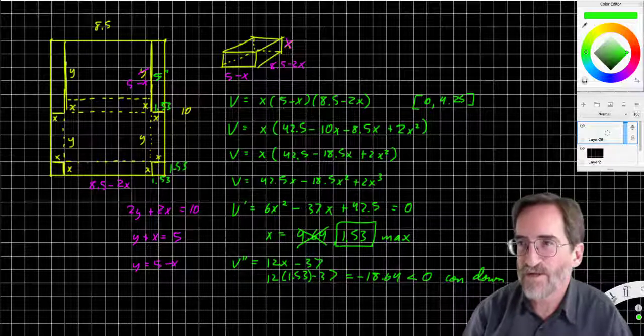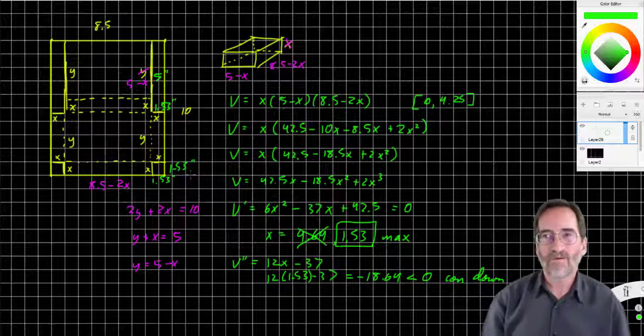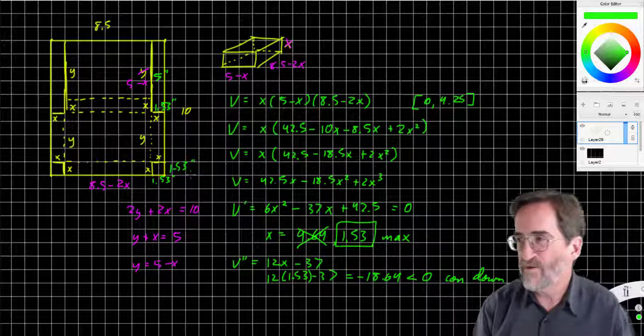So these are the dimensions I should cut on my paper, and then fold my box, and it will maximize the volume.